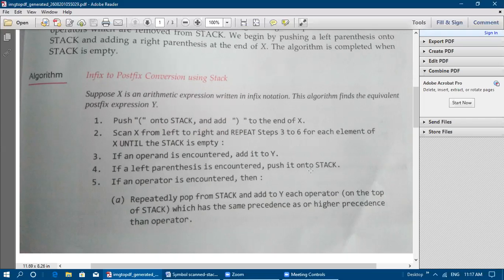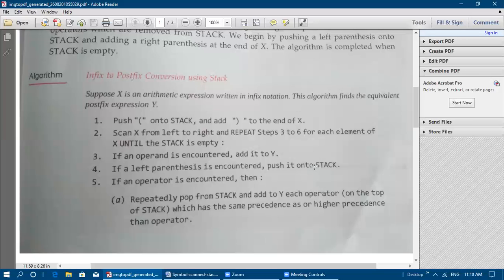So which operator are we scanning from X? The operators available in the stack are checked against that operator, and they should have the same or higher precedence.